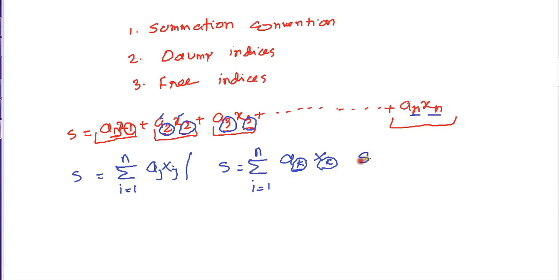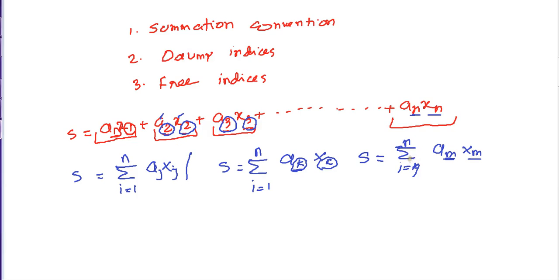We can write S equals the sum from k equals 1 to n of am xn. It doesn't matter in which form or symbol we write our indices. So this is the summation convention, how we can transform an equation to a compact form with the summation sign.